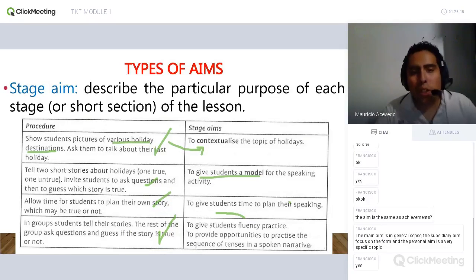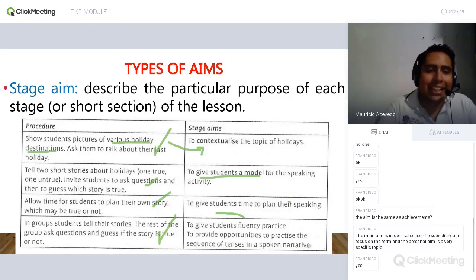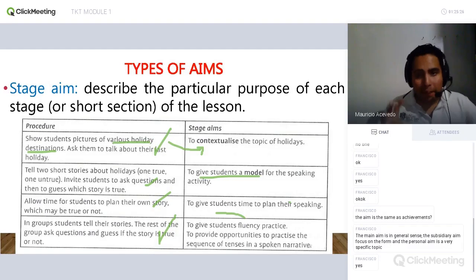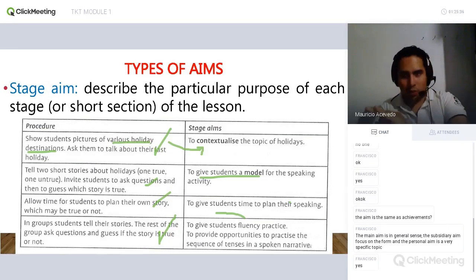In groups, students tell stories. The rest of the group ask questions and guess if the story is true or not. What is the aim? This is the production, to be a little bit longer. To give students fluency practice, the first one. To provide opportunities to practice the sequence of tenses in a spoken narrative, number two.